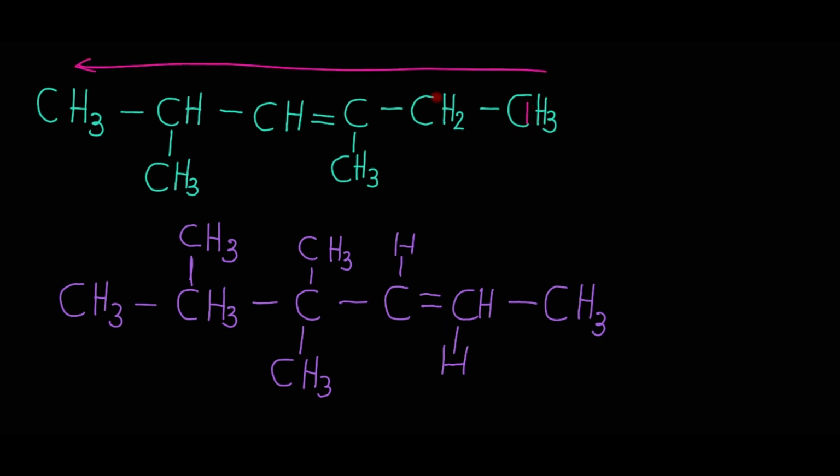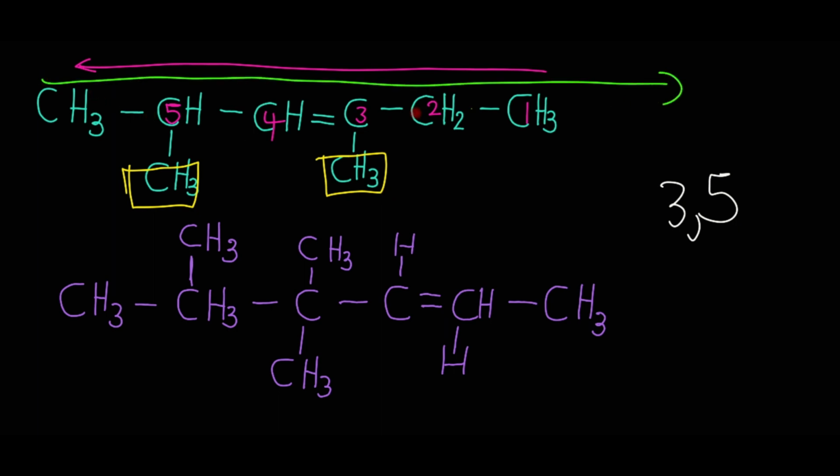This is 1, this is 2, this is 3, and then we have a branch, and then this is 4, and then this is 5, another branch. So we get the branches at carbon 3 and 5 when we move from right to left. So now let's see when we move from left to right.